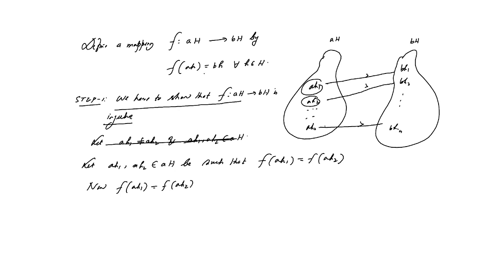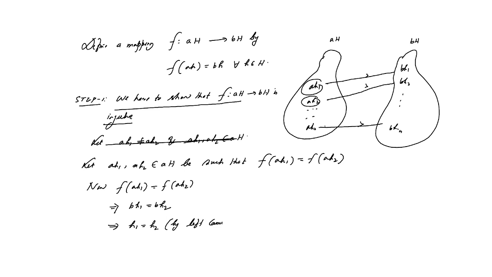It is defined f of ah equals bh, so this implies bh1 equals bh2. And if we use the left cancellation law, it will be h1 equals h2. This is by left cancellation.